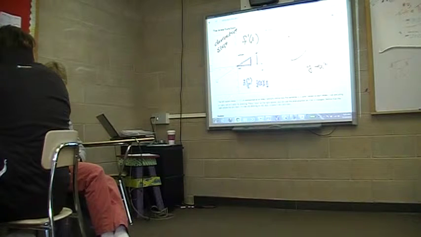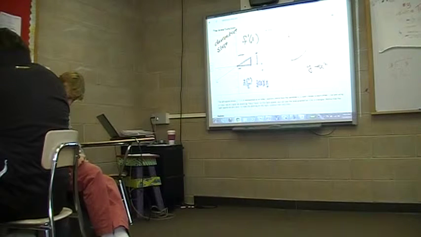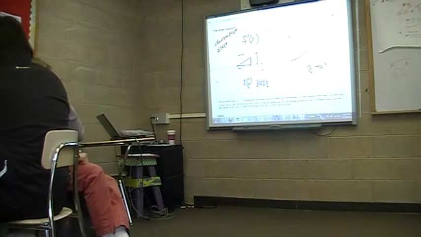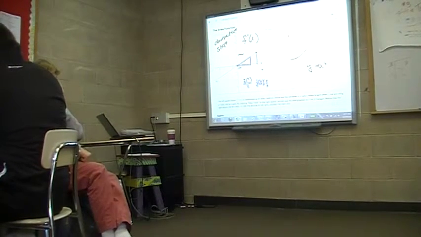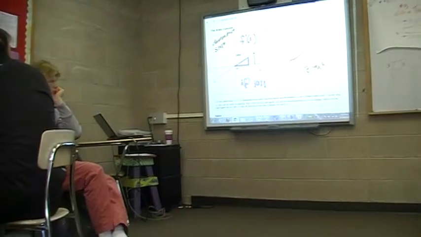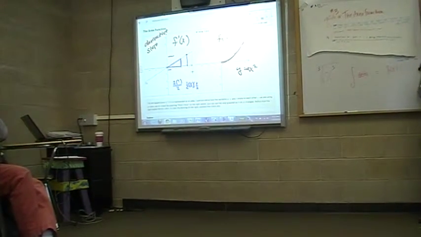So way back in the day, you learned that cubing and cube rooting cancel each other out, undid each other. So what Orion just told me is the integral of the derivative gives me the plain old function.